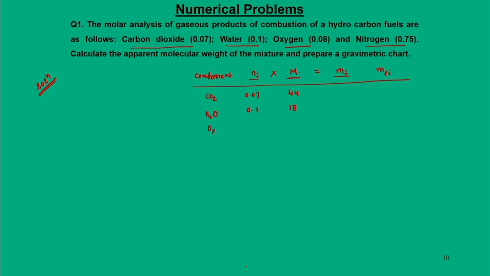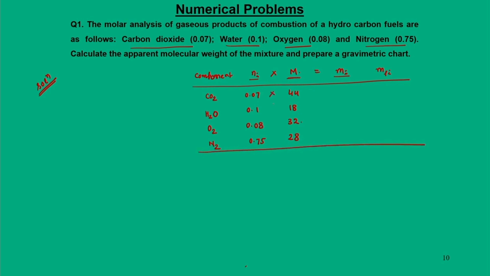Then oxygen, its fraction is 0.08 and its molecular weight is 32. Then nitrogen, molar fraction is 0.75 and its molecular weight is 28.